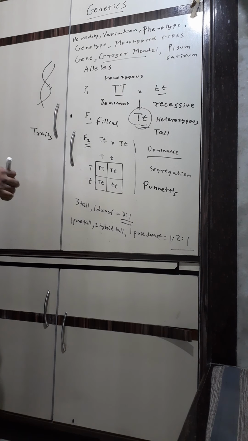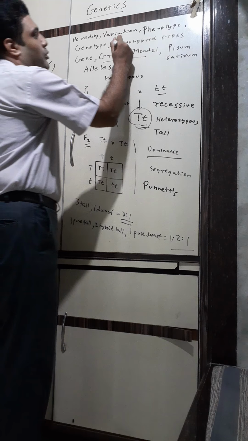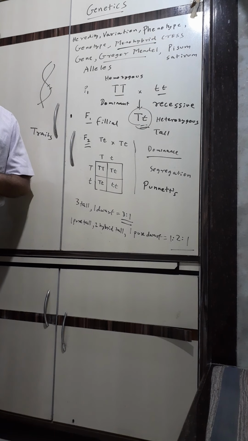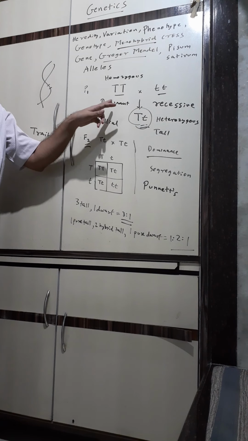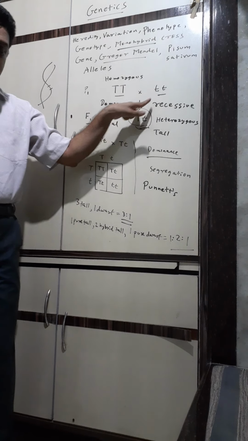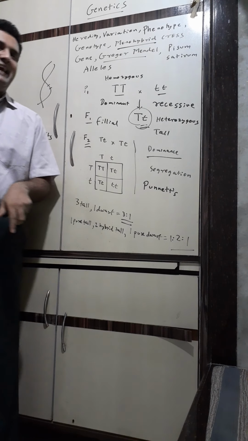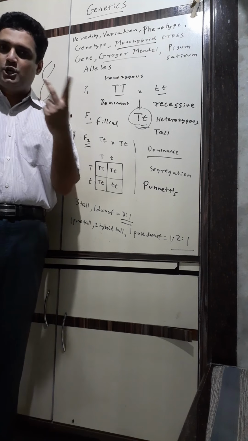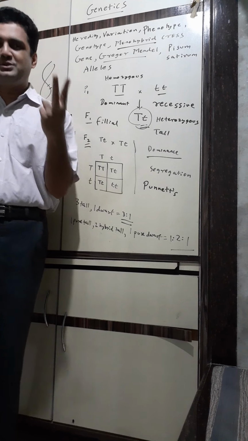Now I need to explain what a monohybrid cross is. Mendel has taken a pure tall plant and a pure dwarf plant. How many pairs of opposite characters are there? Listen to my question. Tall and dwarf, this is one pair of opposites.